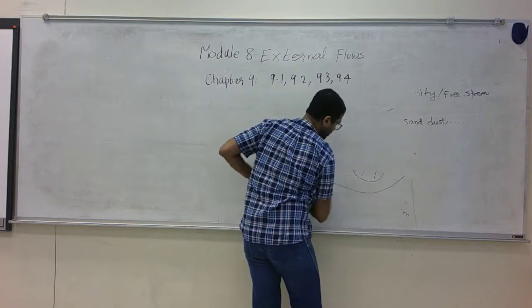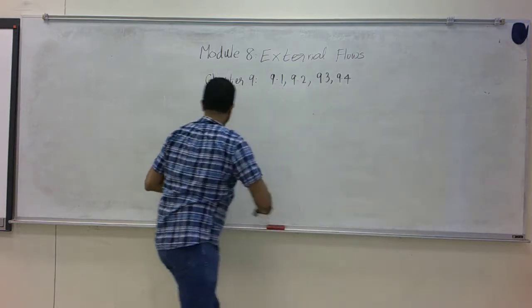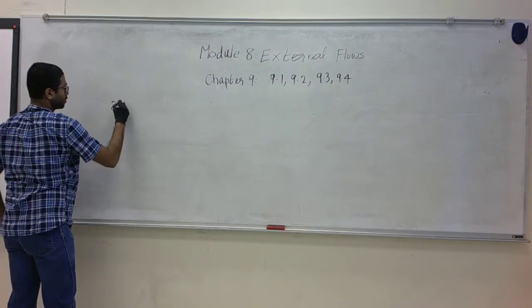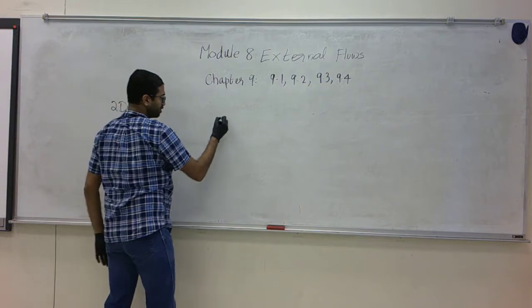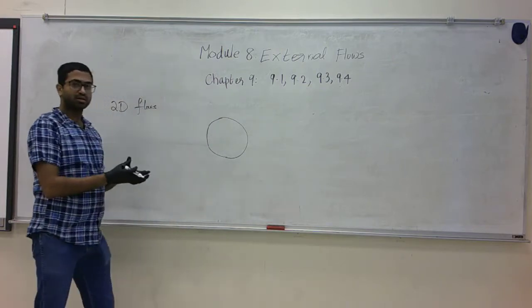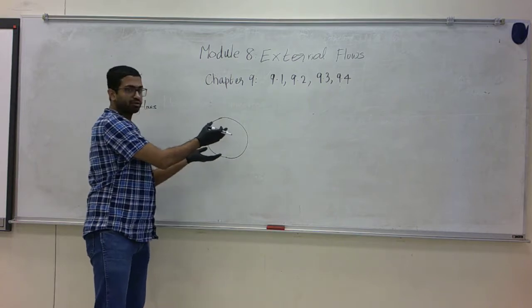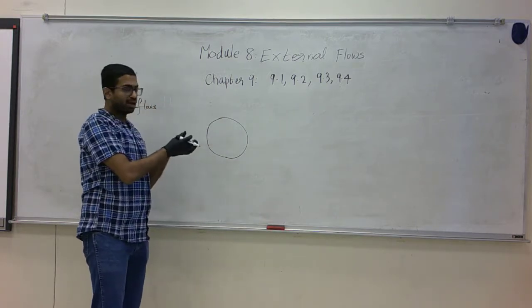So if we take the first type, which is two-dimensional flows. Suppose I have a cylinder that I draw here, its cross section, and the cylinder's length comes out of the plane of the board and goes into the plane of the board infinitely in both directions.